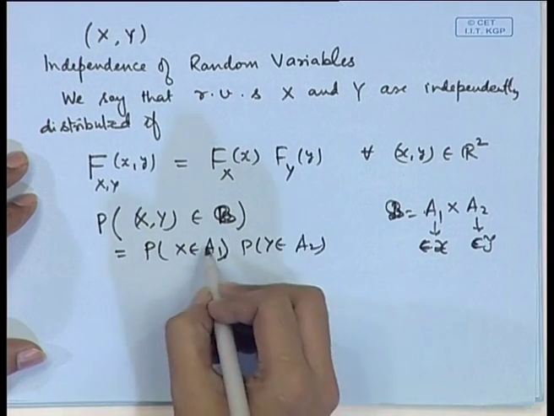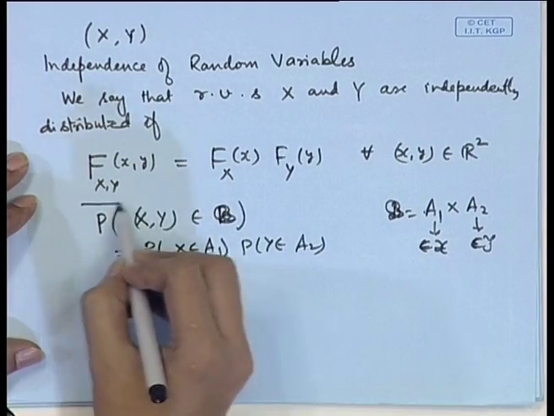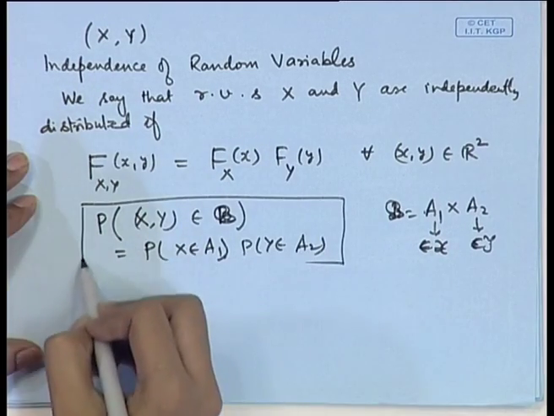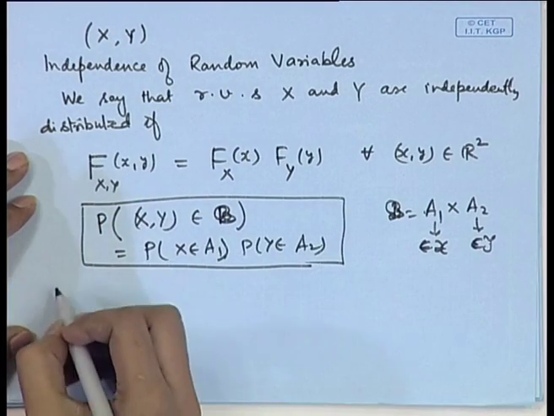If that happens for all combinations of this type of sets, then they are independent. However, this condition is equivalent if we state it in terms of the cumulative distribution function.